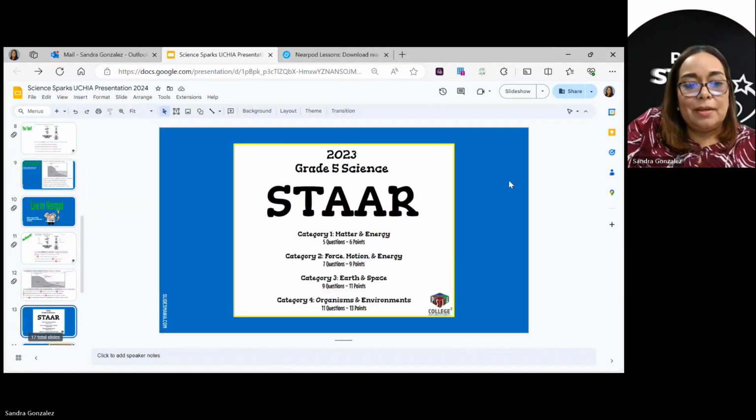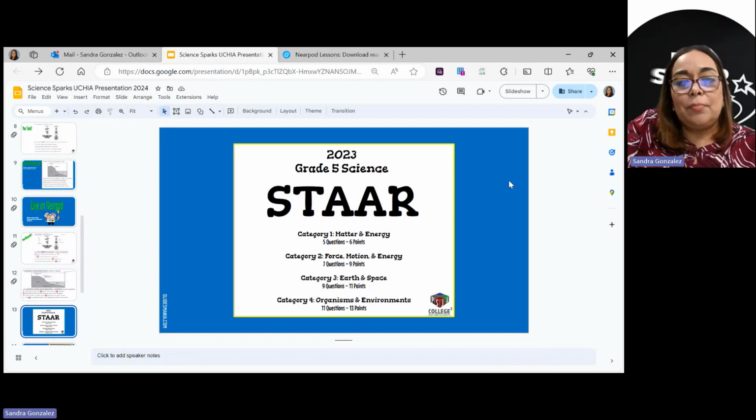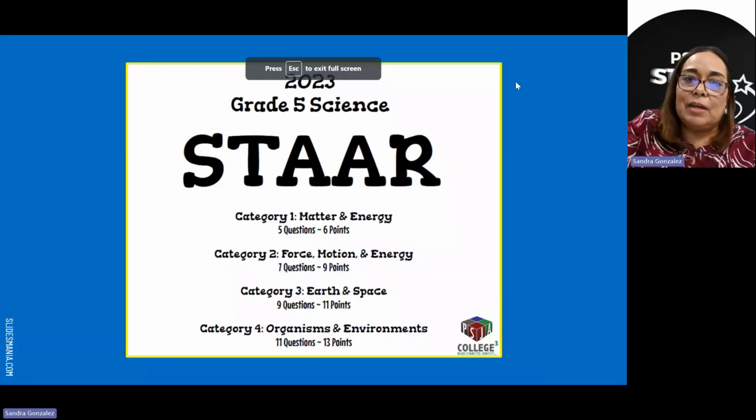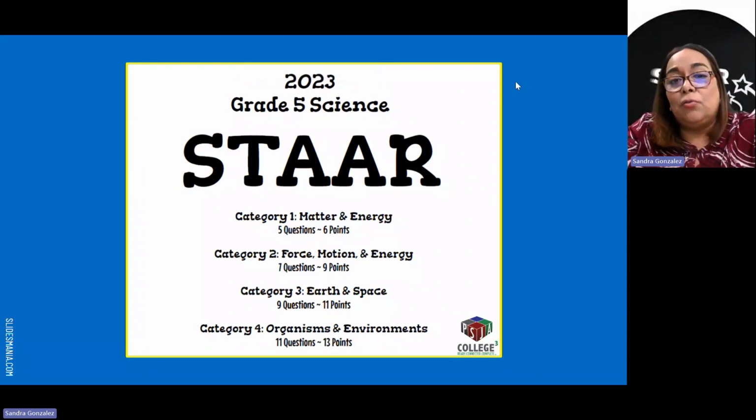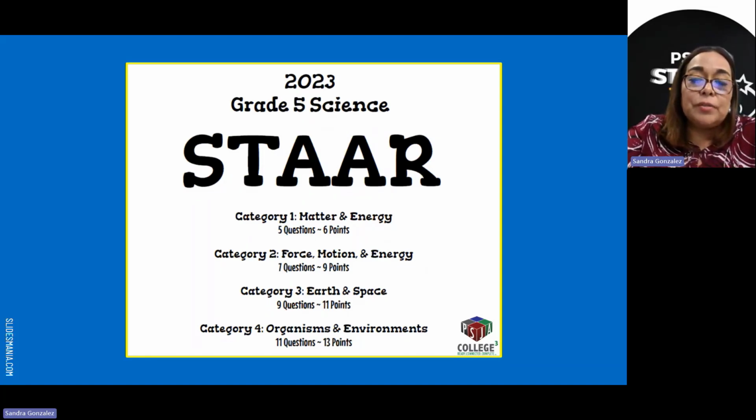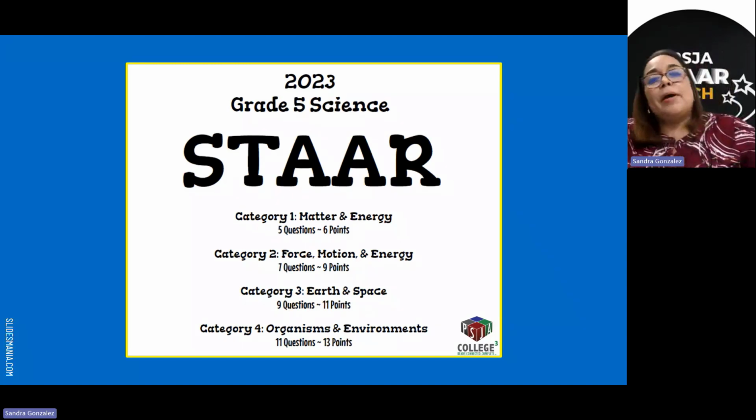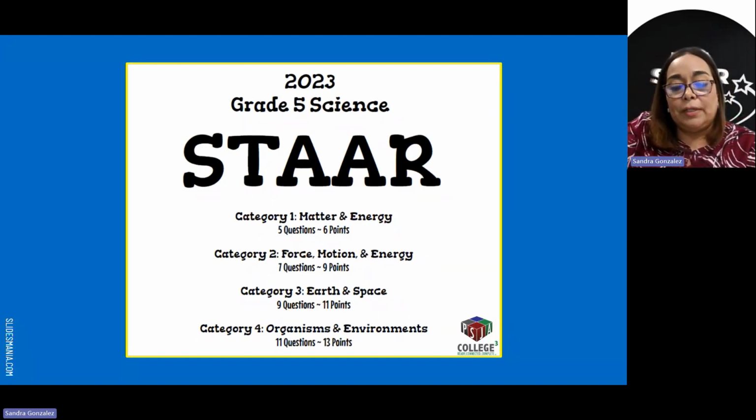In the presentation, that was all we have for the UCHIA. How do you feel about it now and using it, and hopefully continuing to use it? We also want you to know that we've added some of the 2023 STAAR questions with explanations by category, and we will be providing this PowerPoint, or the Google Slides, to you so that you can see that.